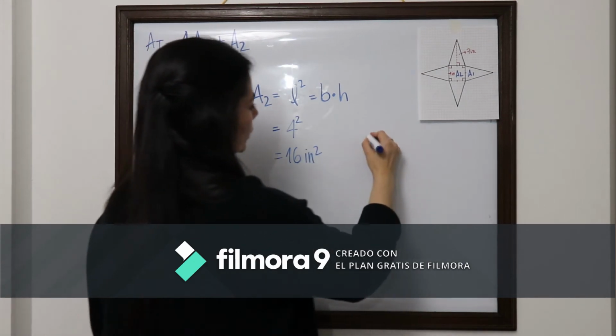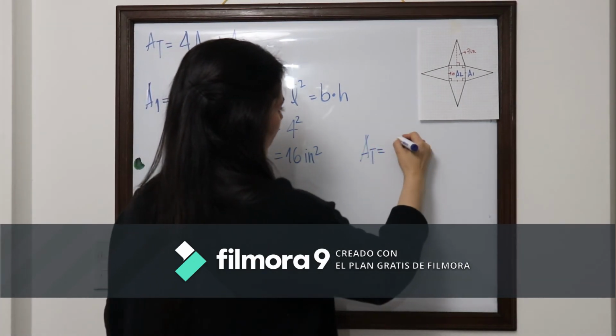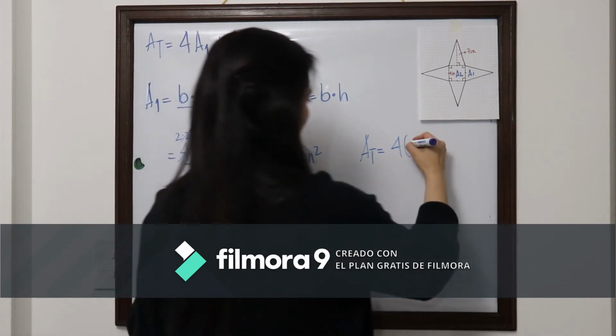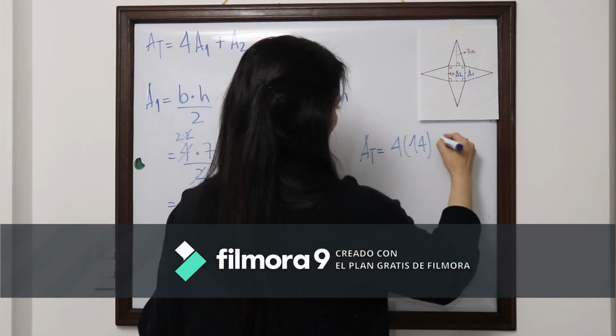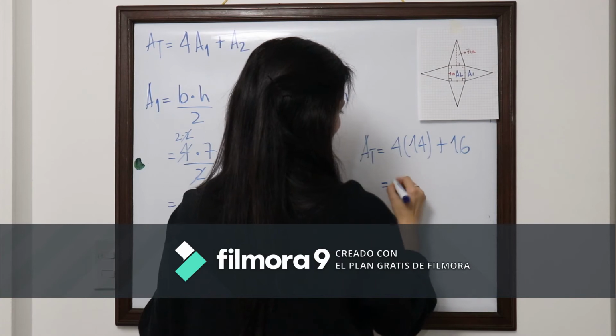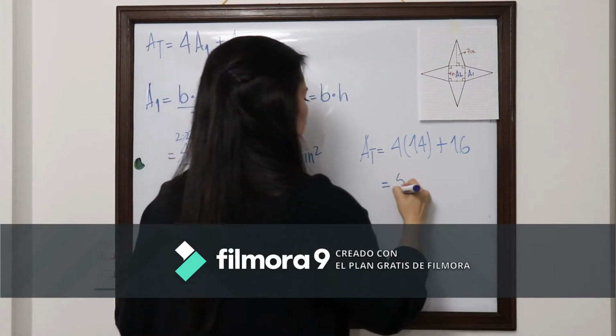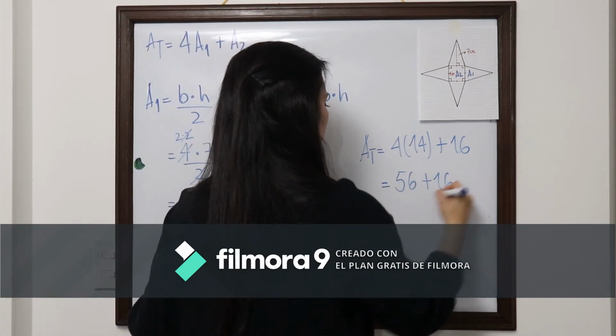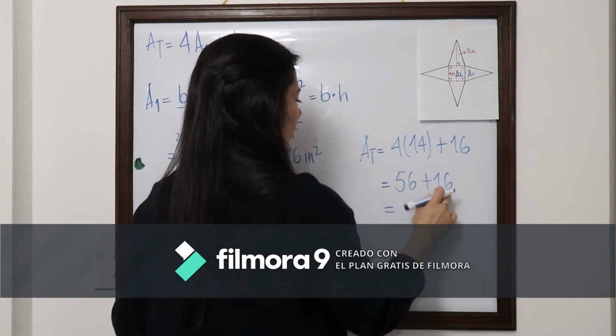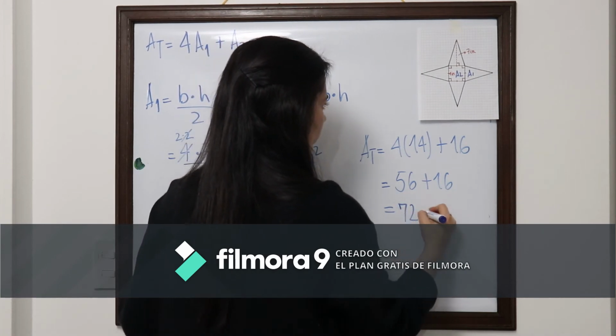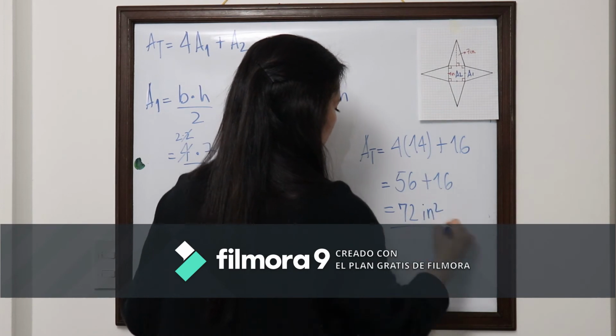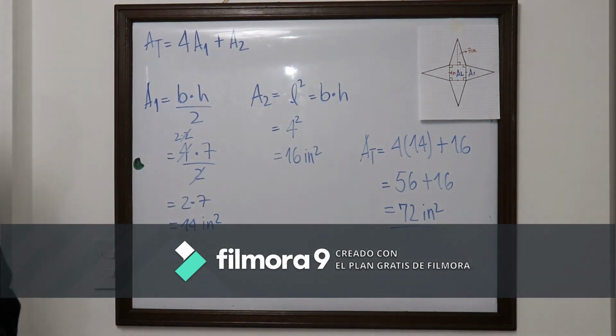And then the total area, it's gonna be 4 times that 14 we got a minute ago plus 16. That's gonna be 40, so 56 on this side plus 16, and that's 60, and 12, 72 square inches. So that's gonna be your answer, okay?